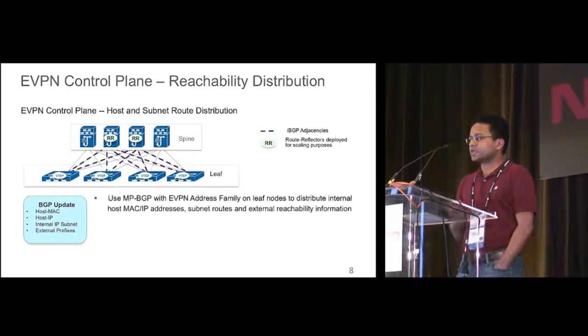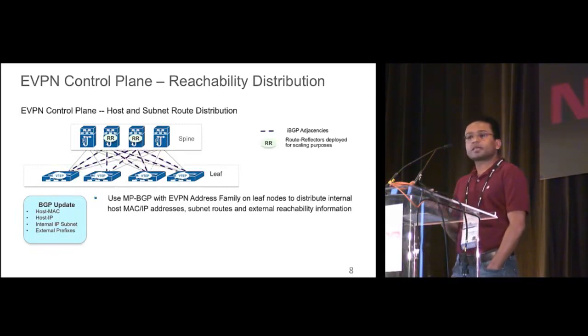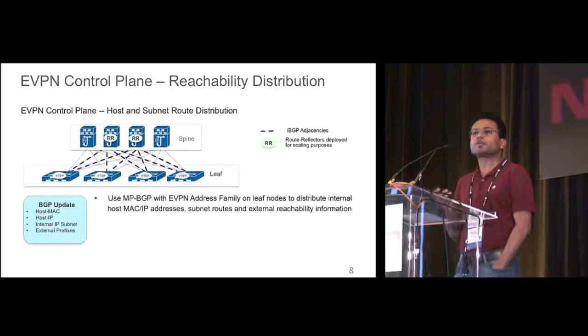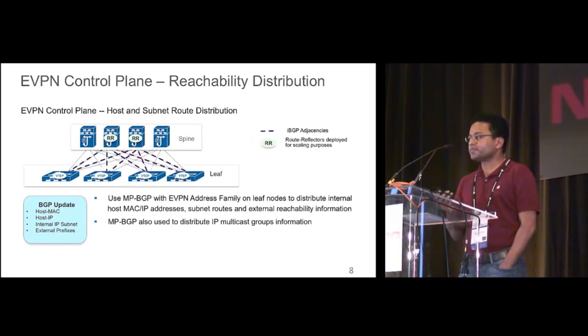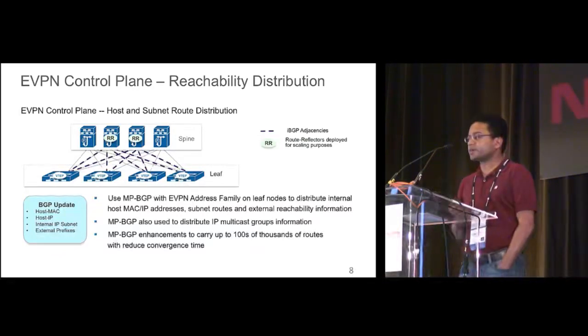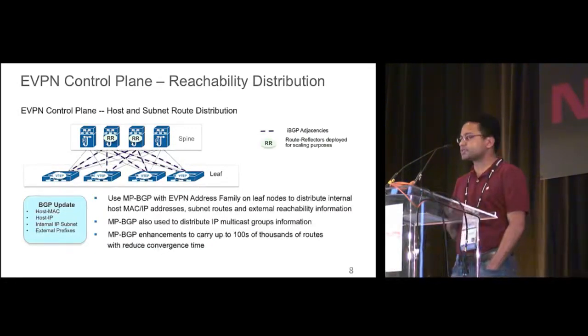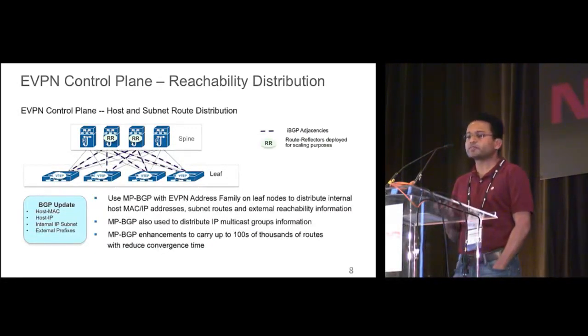The advantage is that the host MAC, host IP, subnets, as well as the external NLRI information are all carried by BGP, and the multicast group information is also carried by BGP. And the well-known multi-protocol BGP has the capability to carry thousands of routes, which will come in handy in this case with much reduced convergence time.